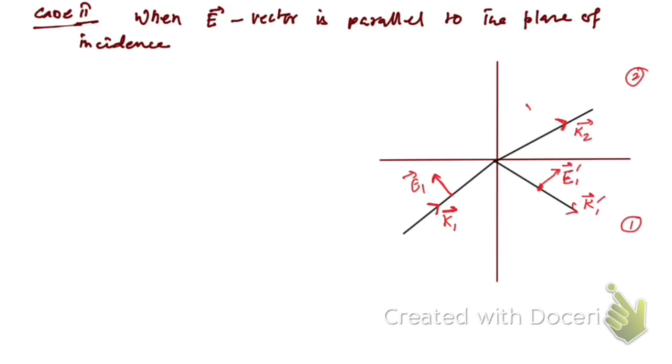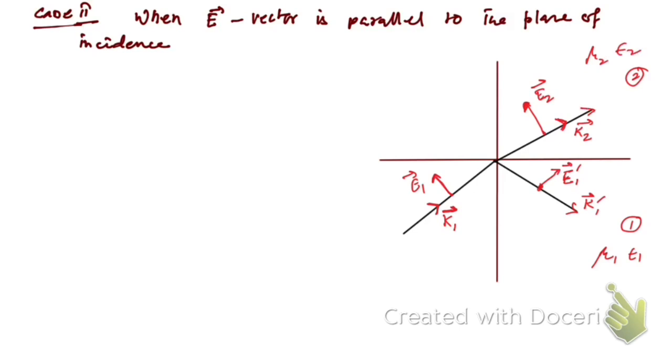Similarly, electric field associated with this is E2 vector. Again now we have considered here permeability and permittivity, mu1 epsilon 1, here mu2 epsilon 2, right?